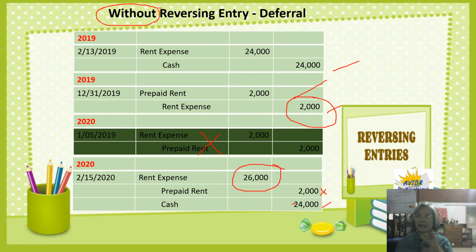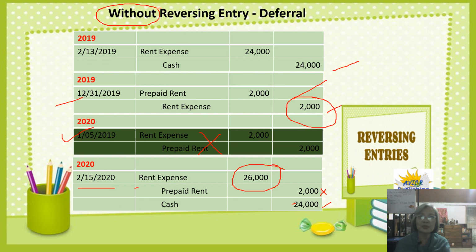So, mag-iisip ka pa eh, mag-a-analyze ka pa ng todo kapag wala kang reversing entry, which is nagiging inefficient ka dahil nag-spend kang too much time thinking. Pero kung may reversing entry ka, wala, record ka na lang ng record sa susunod na taon, hindi ka na mag-iisip, hindi ka na mamomroblema kung ano-ano nga ba yung in-adjust mo noong 2019.